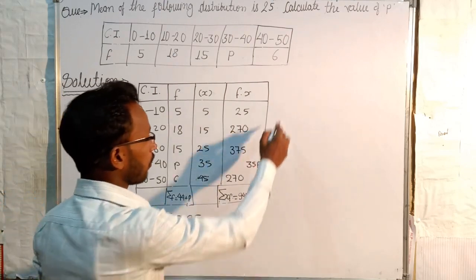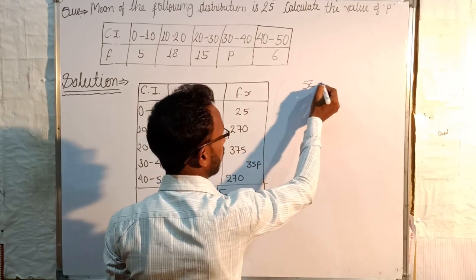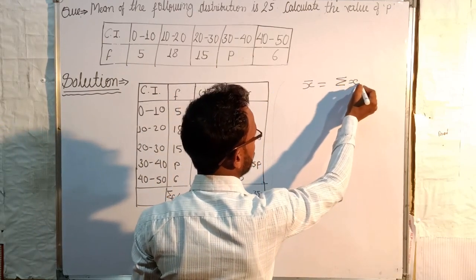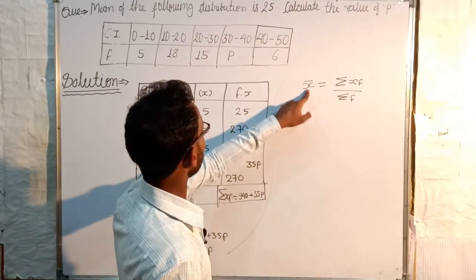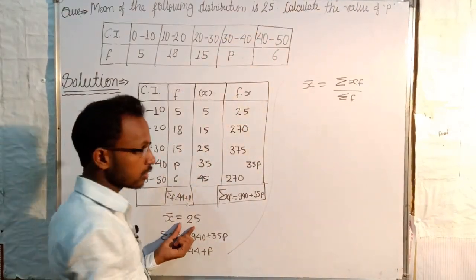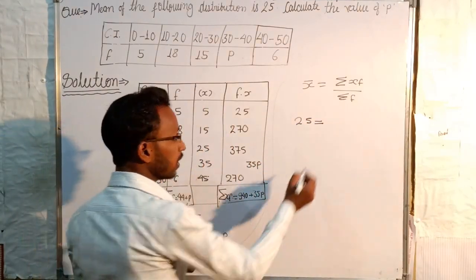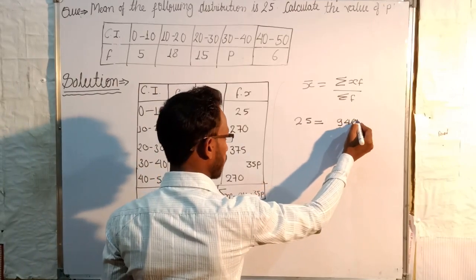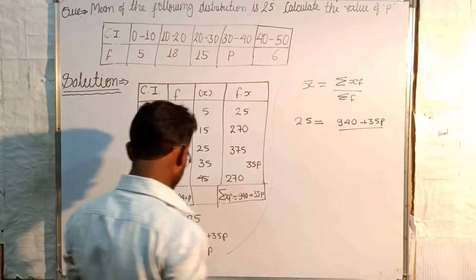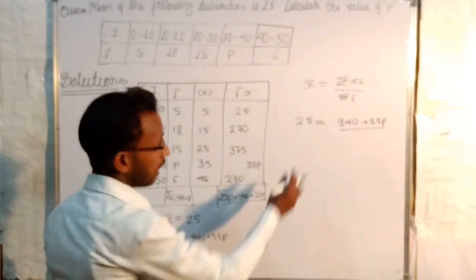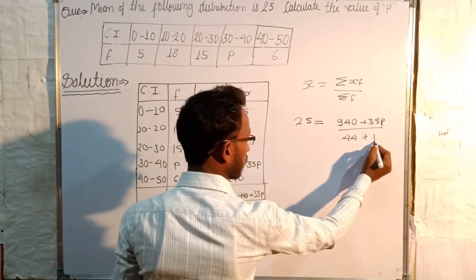Now we know the formula of arithmetic mean for the direct method: x bar is equal to sigma xf by sigma f. Here x bar is 25, so 25 is equal to 940 plus 35p divided by 44 plus p.